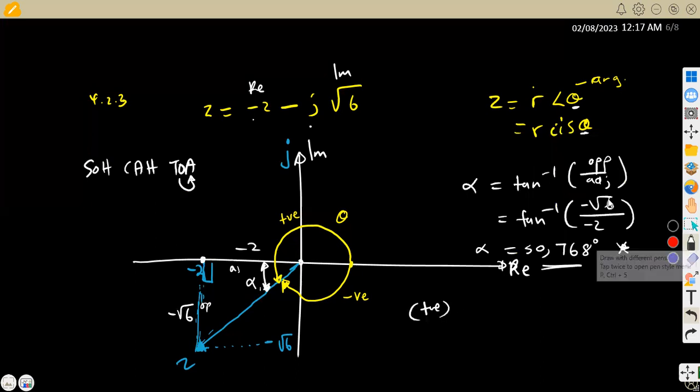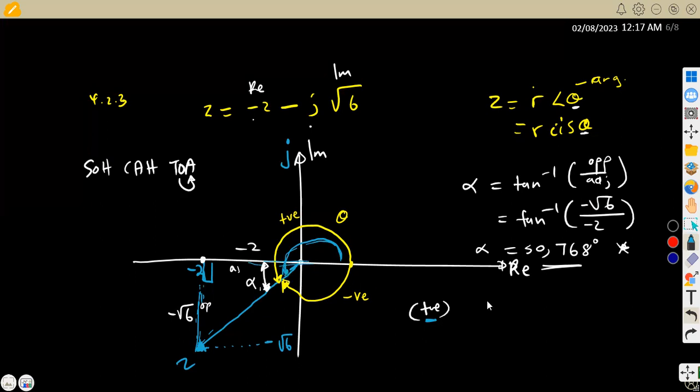If we take our theta, which is supposed to be positive, we are referring to this angle here. The whole of this angle is in the third quadrant, where we know theta is equal to 180 plus alpha, because we've got a straight line.